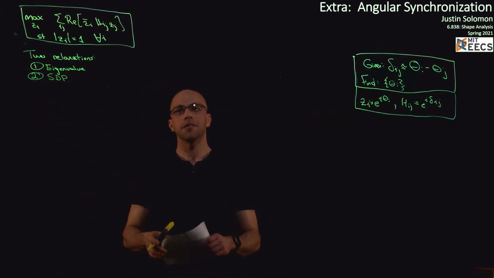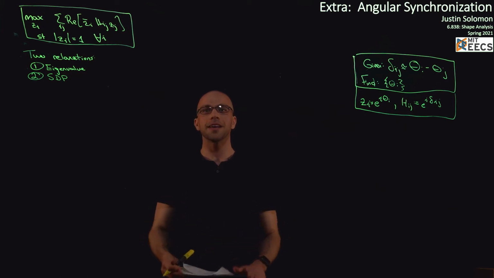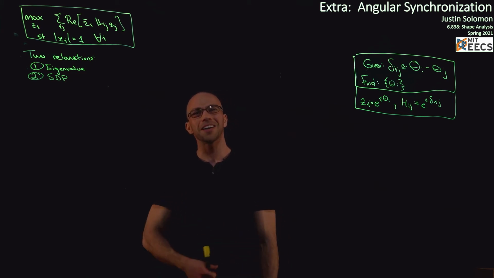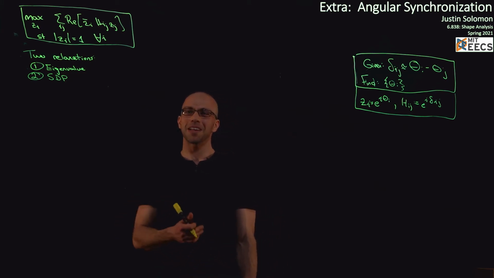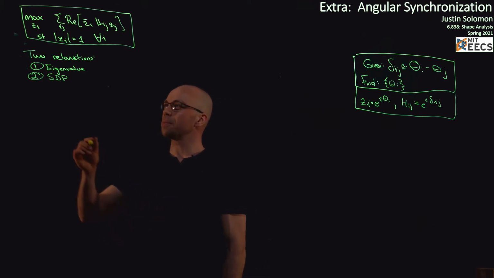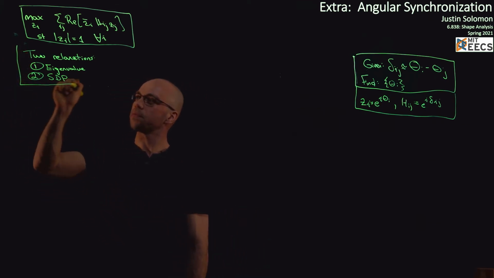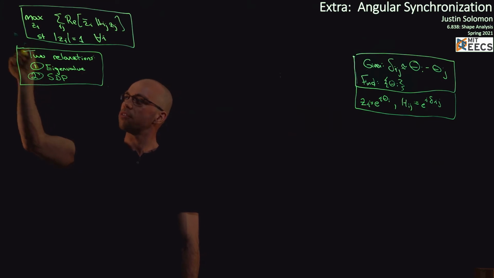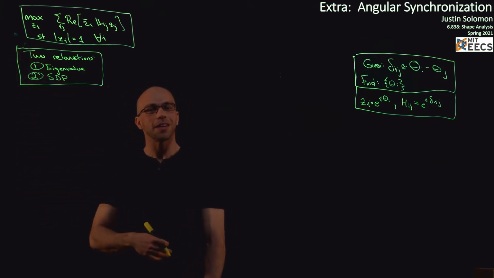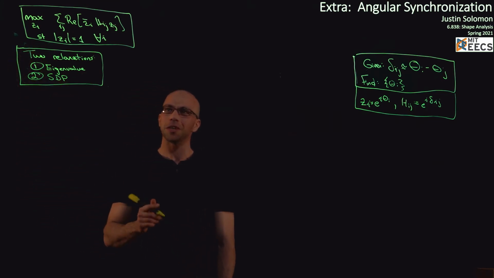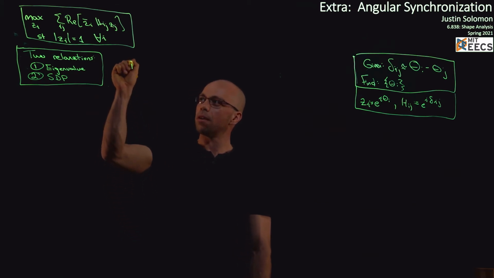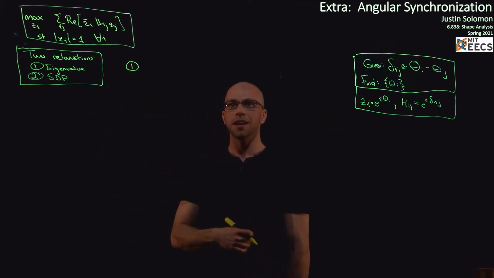Now, at this point in this course, I think you've actually tried out a semi-definite program on your homework, which is convenient because it makes my life a little bit easier in our lecture today. So I thought we'd really quickly derive both of these just so you have some flavor of the type of computation you can do here. Let's do case number one, which is to come up with an eigenvalue relaxation.